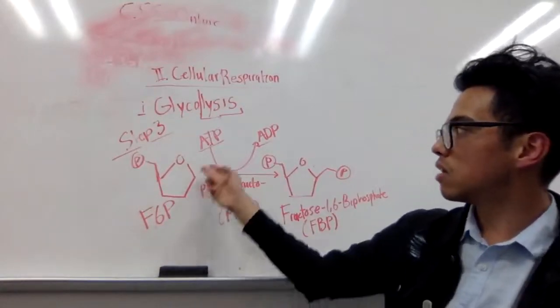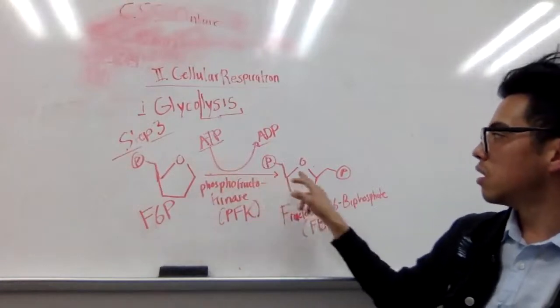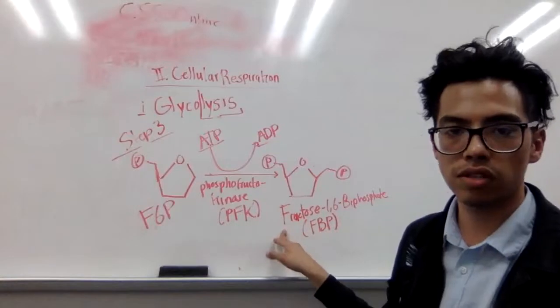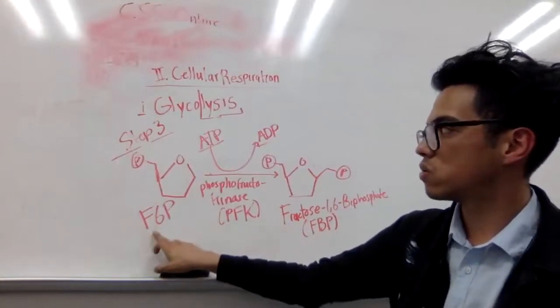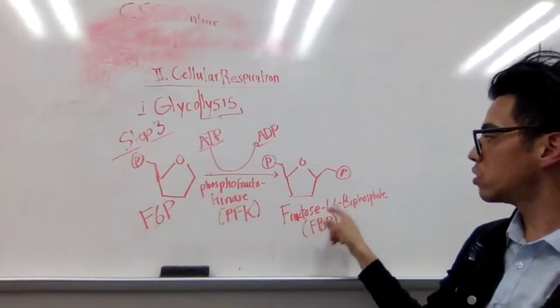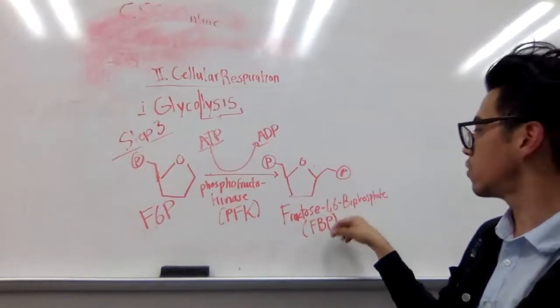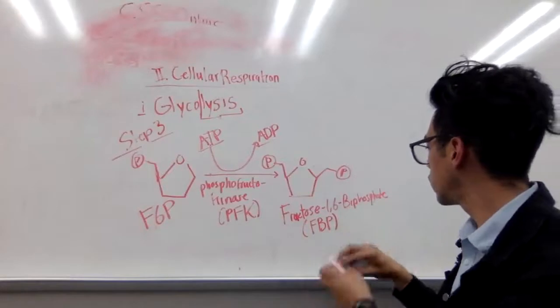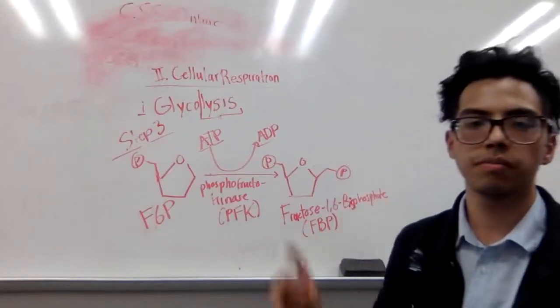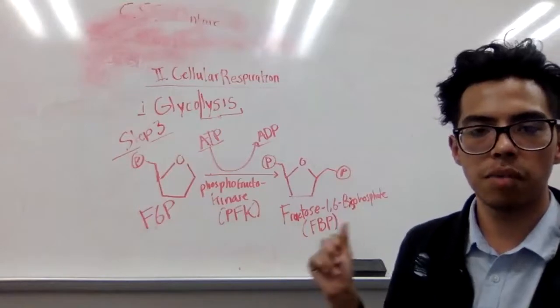It's going to give it a phosphate group, and it's going to become fructose 1,6-bisphosphate. Because it goes from having one phosphate to having 2, it becomes bisphosphate. There's an S. And so we abbreviate that FBP.